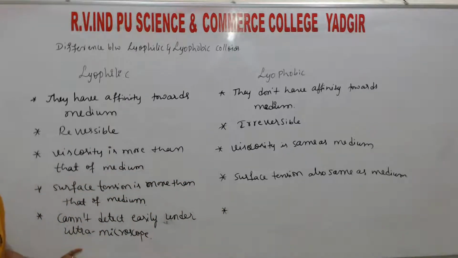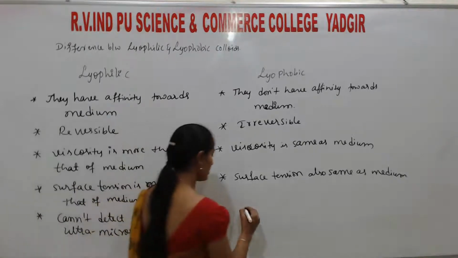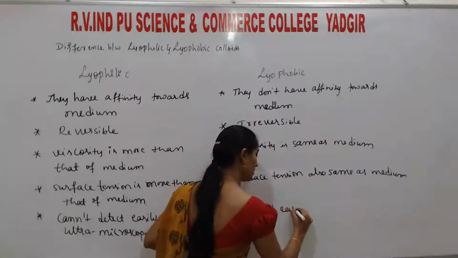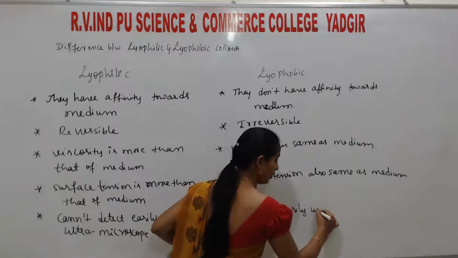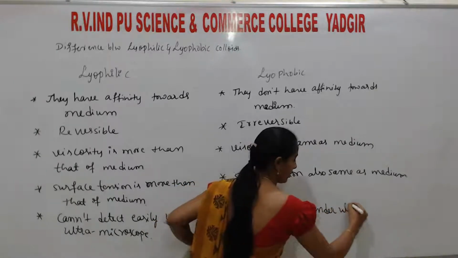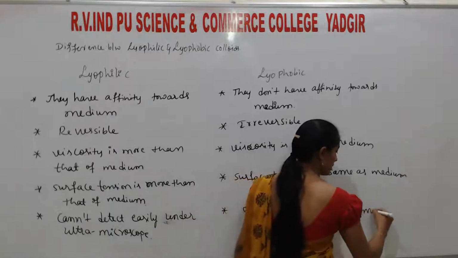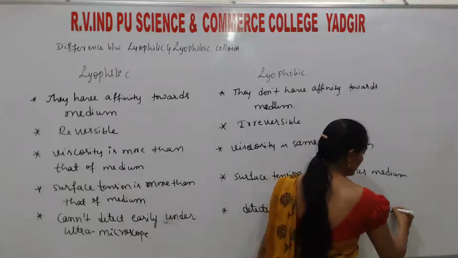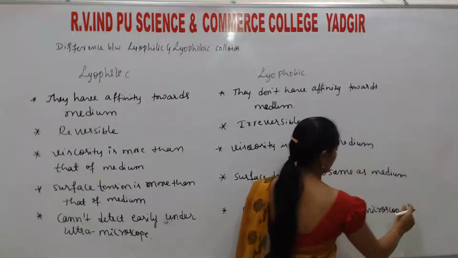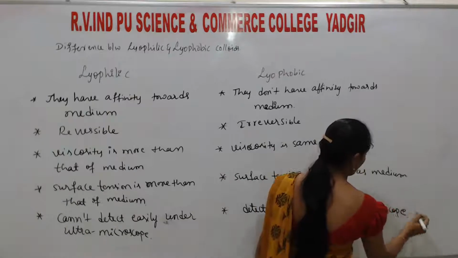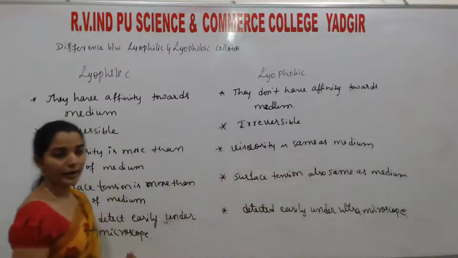Okay, these cannot be detected easily under an ultramicroscope, and of course, this one is detected easily under an ultramicroscope. These are the differences between the lyophobic and lyophilic colloids.